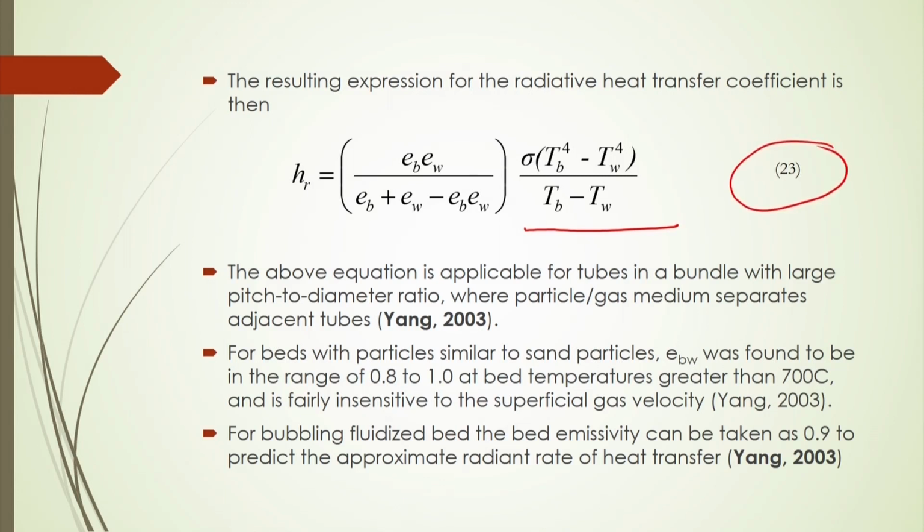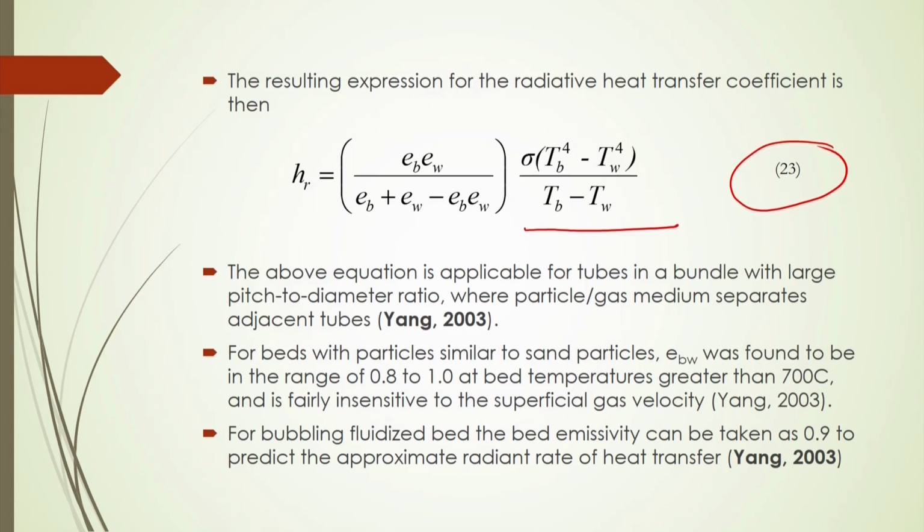The above equation is applicable for the tubes in a bundle with large pitch to diameter ratio, where particle or gas medium separates adjacent tubes. For beds with particles similar to sand particles, E b will be found to be in the range of 0.8 to 1.0 at bed temperatures greater than 700 degree centigrade, and this will be fairly insensitive to the superficial gas velocity, as stated by Young 2003.